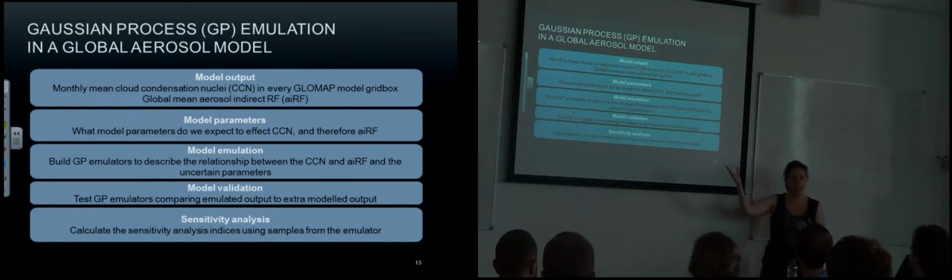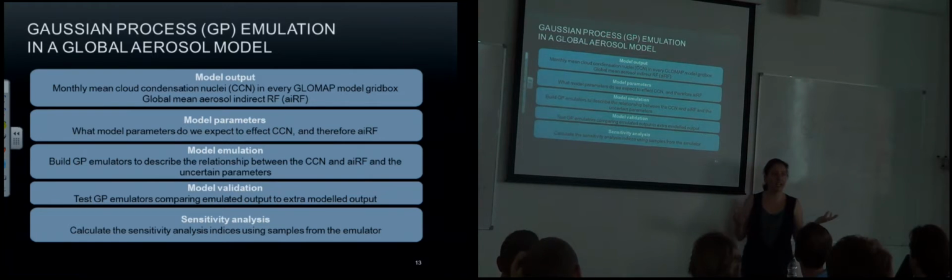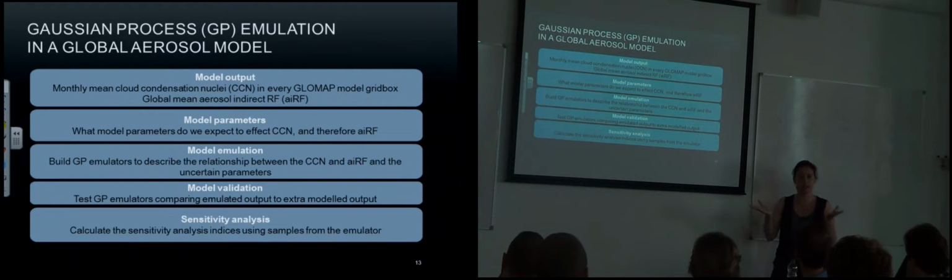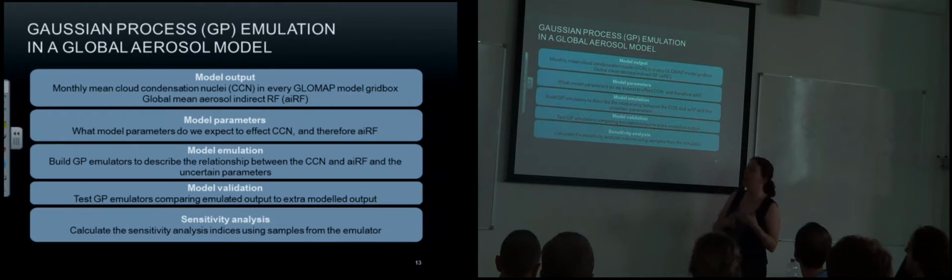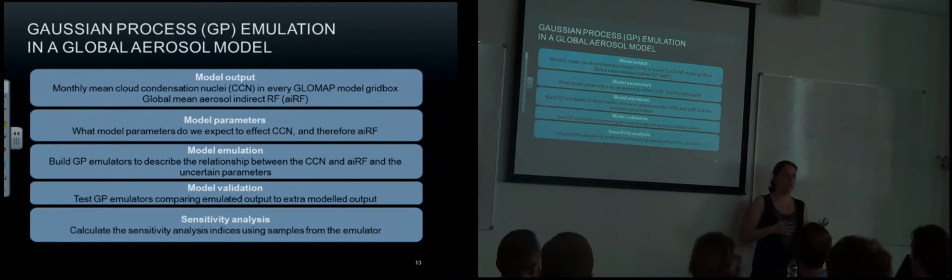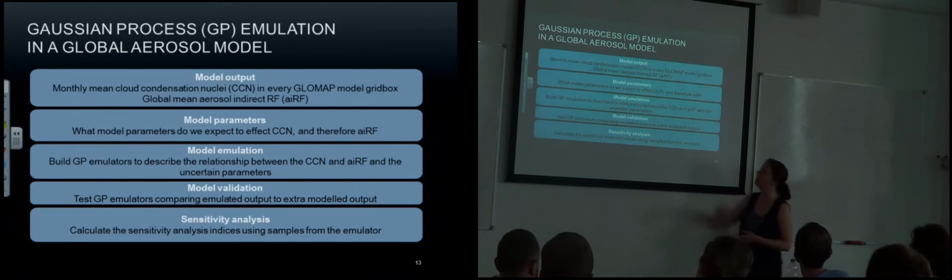Dust is a direct effect, but it doesn't really affect the clouds. There are no clouds there, that process is already happening, and it hasn't changed much. Okay, so what model parameters do we expect? They managed to find 28 of them, and that made our problem sort of feasible, tractable.